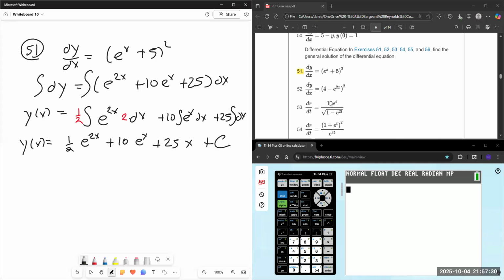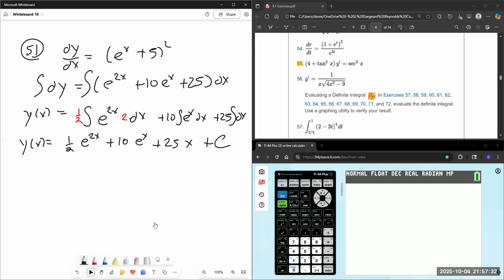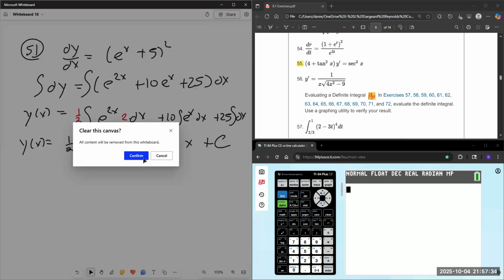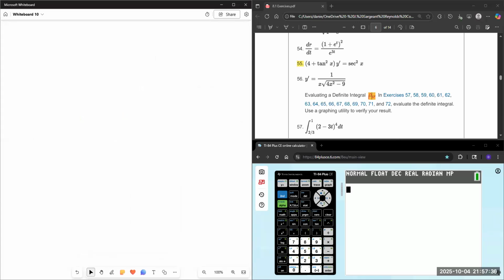Now let's look at number 55. 55 says 4 plus tangent squared x times y prime is equal to secant squared x. So y prime is dy/dx.